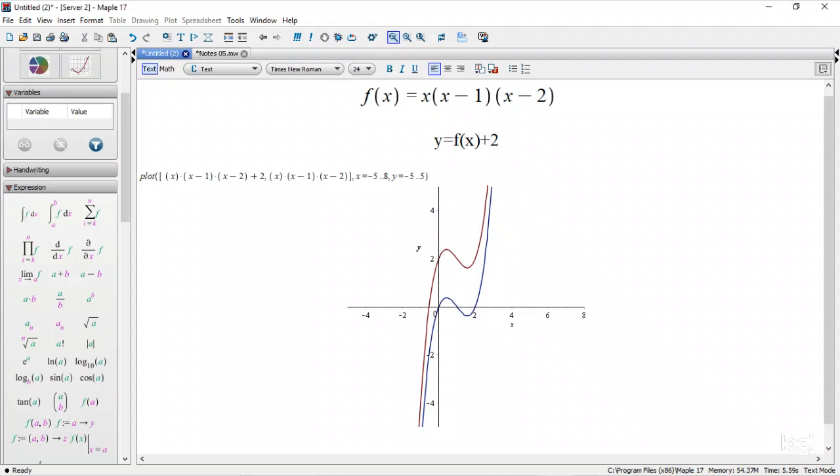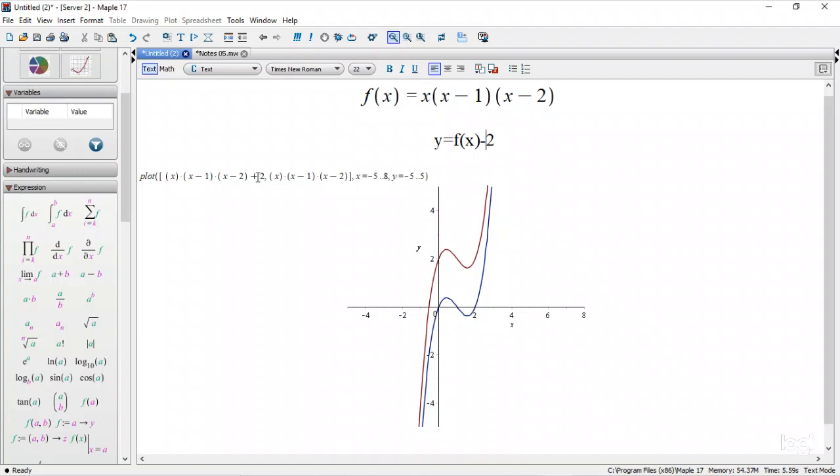If you look at the original graph f(x), the root is 0. If you look at the 0 root, now it is at (2, 0). So all the y values are shifted by 2 units up. And let's discuss minus 2.